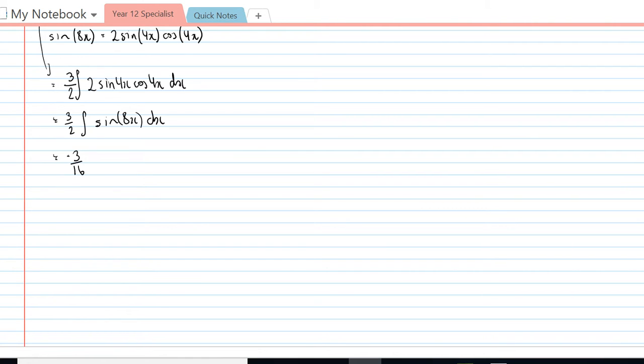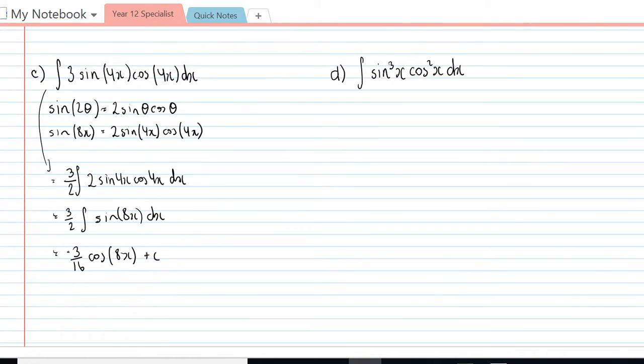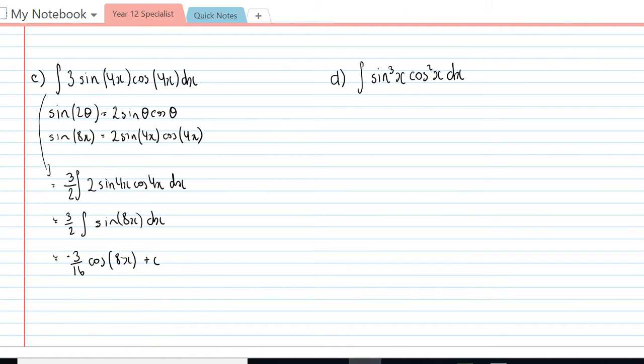The 8 goes into the denominator with the 2, and then cos of 8x plus c. So again, quite nice. The last example is a little bit nastier.